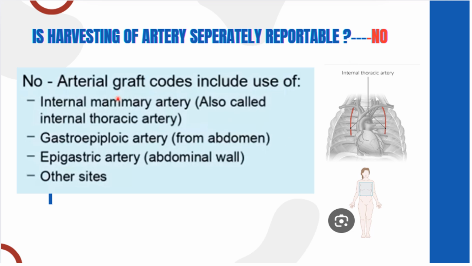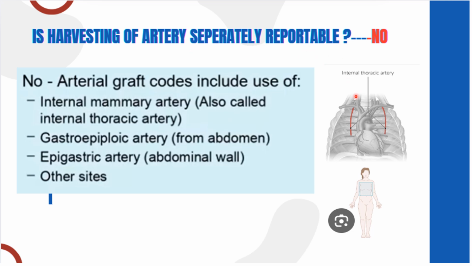No, depending upon which vessels we are using. Arterial graft codes include use of internal mammary artery, which is also called the internal thoracic artery, gastroepiploic artery, epigastric artery. So whenever we are using these arteries as a graft, we do not code them separately.